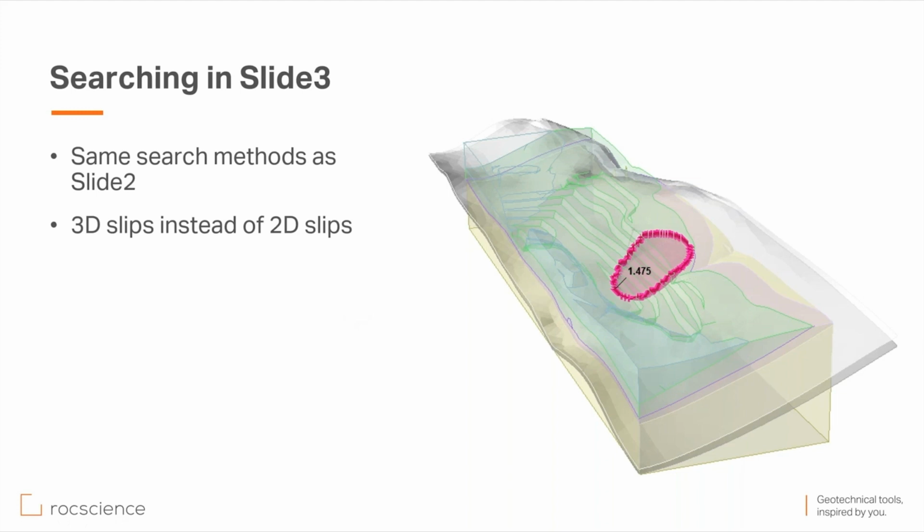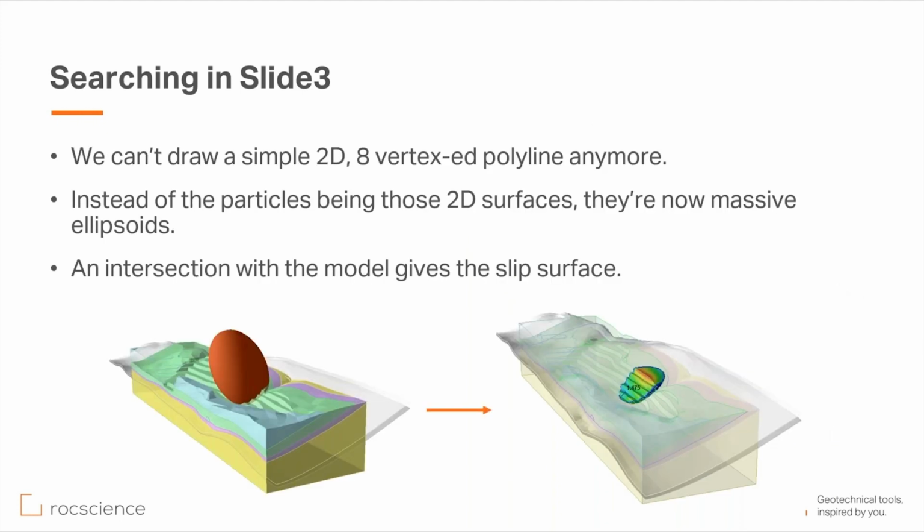And in this section, we will cover the small differences between these programs when it comes to searching and also provide a demonstration. Obviously, we're dealing with 3D slip surfaces instead of 2D, so it's going to be a little more complicated. We can't draw a simple 2D polyline to define the surface anymore. Instead of these polylines, we now use ellipsoids.